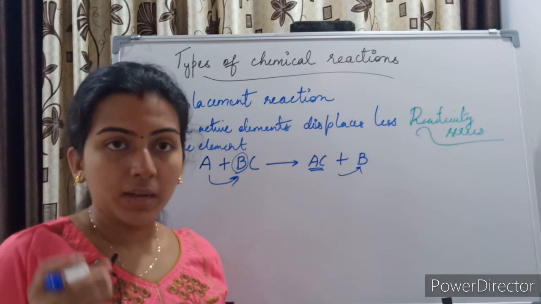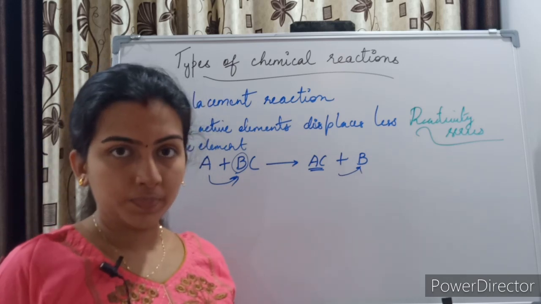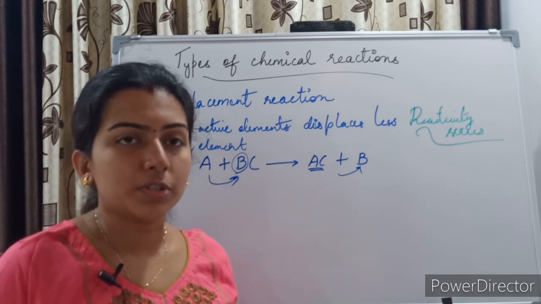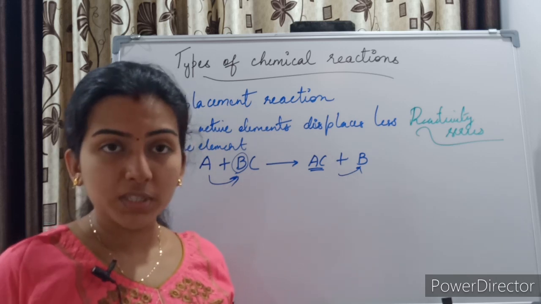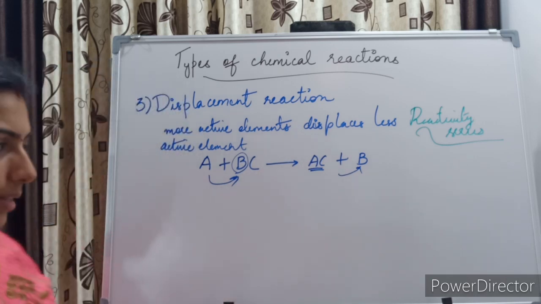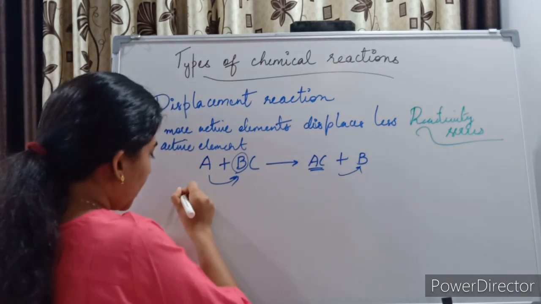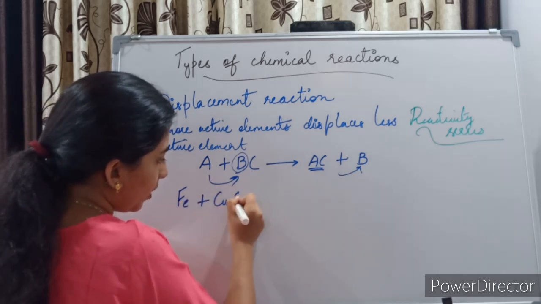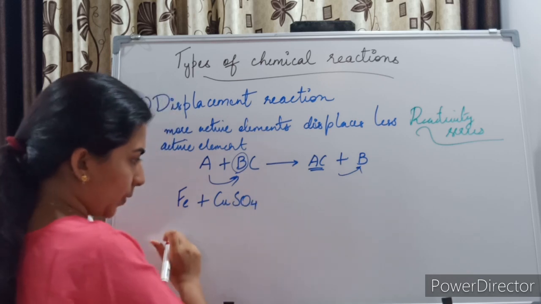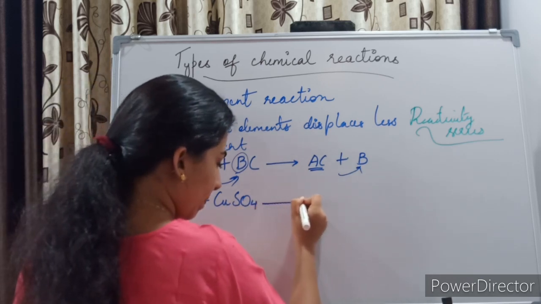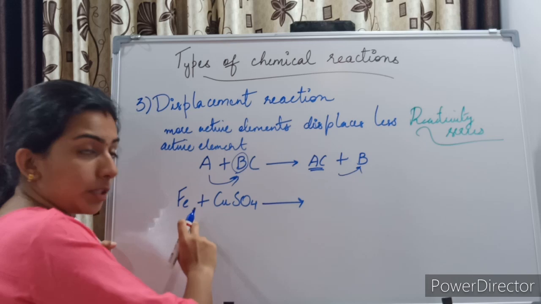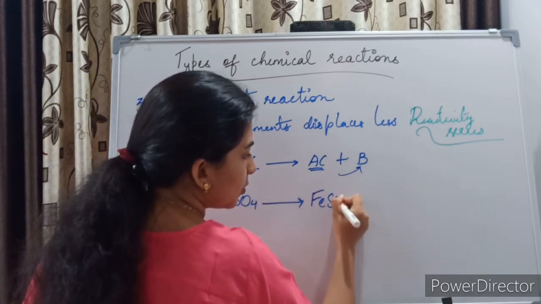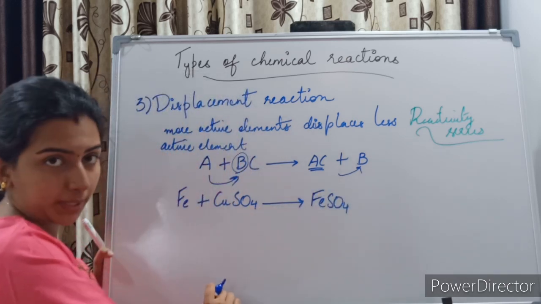Now consider an iron nail and add it to a copper sulfate solution. What is the color of copper sulfate solution? Copper sulfate solution is blue in color. Put an iron nail in copper sulfate solution. The color of the solution changes to green after some time.